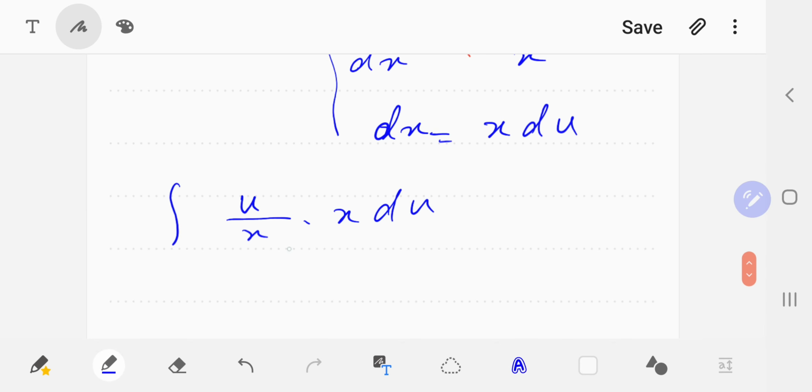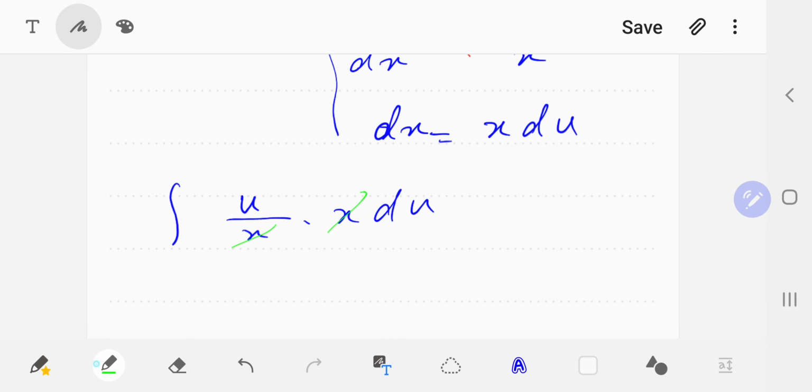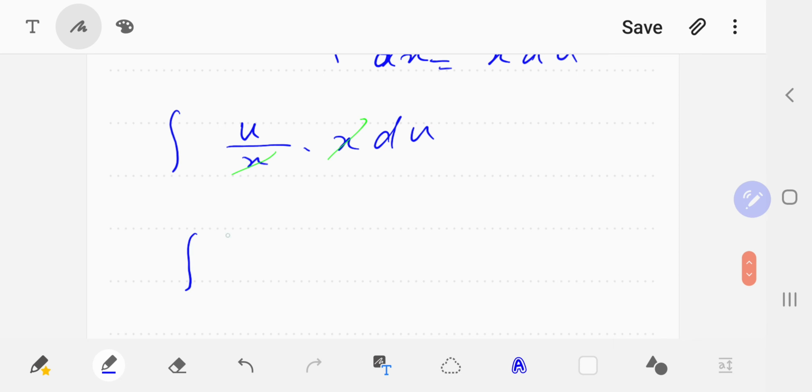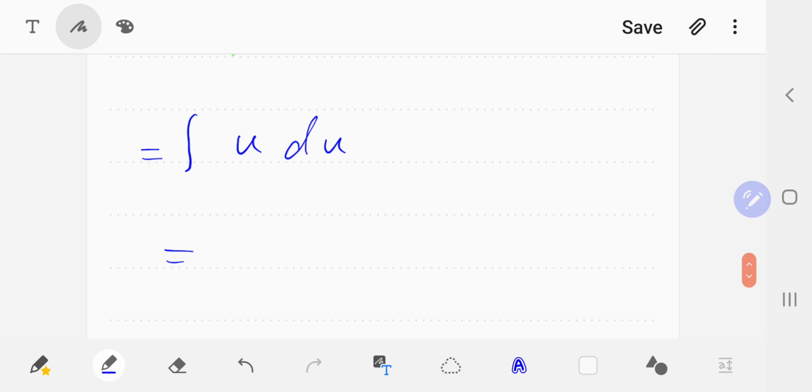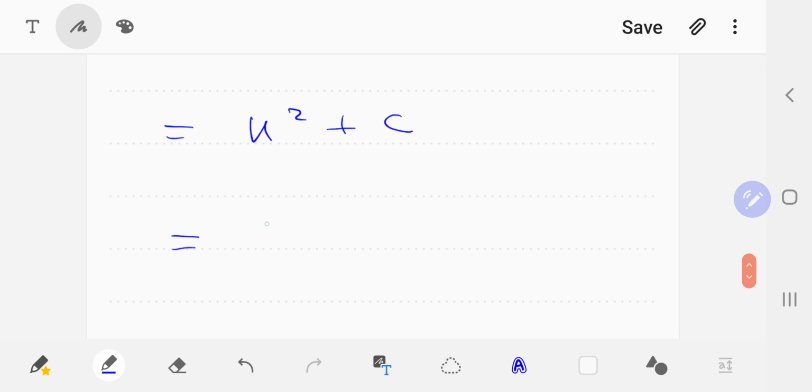So if you simplify, x with x cancel, so that's directly integration of u du, which is u squared over 2 plus c, and u was ln x, so this is (ln x) all squared over 2 plus c. Simply, these are the cases of integration.